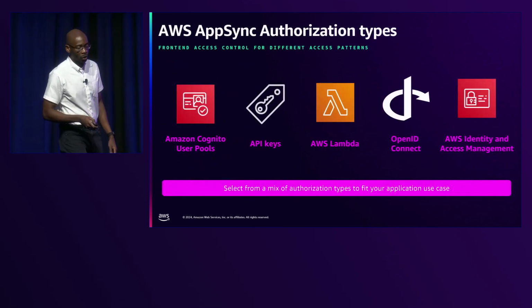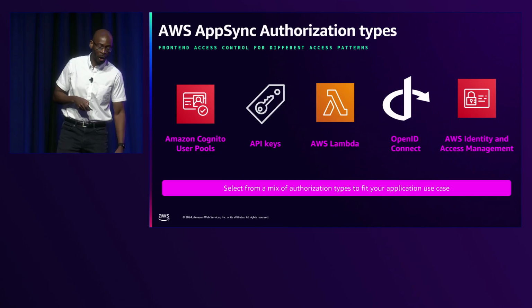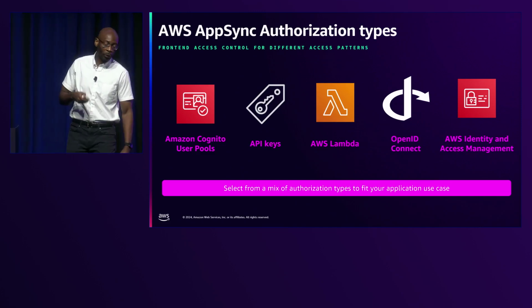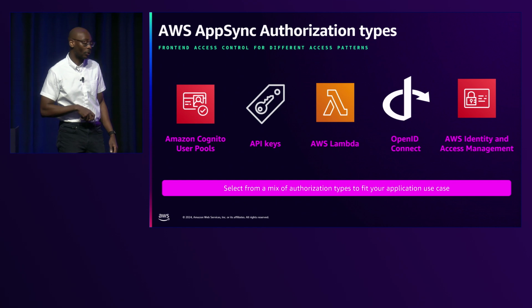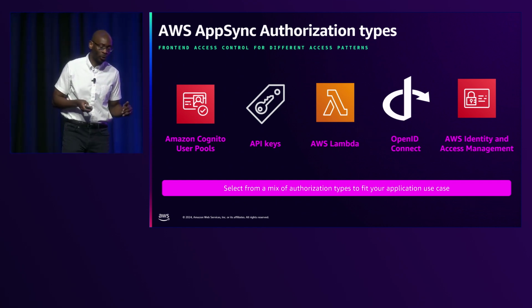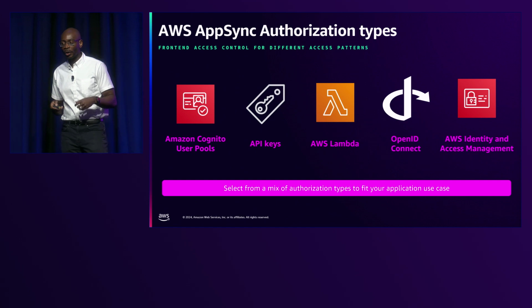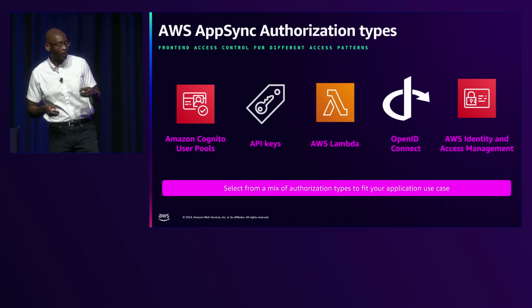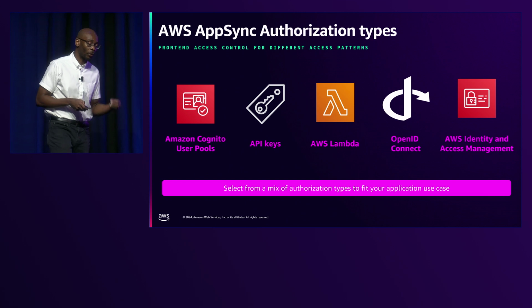With AppSync, you get authorization types out of the box. You can use a multitude of authorization types and use the proper authorization type for your applications. This is all included in AppSync, and there's really nothing that you need to build to do this. You can use Amazon Cognito if you want to authorize individual users and be able to track their identity throughout their request.